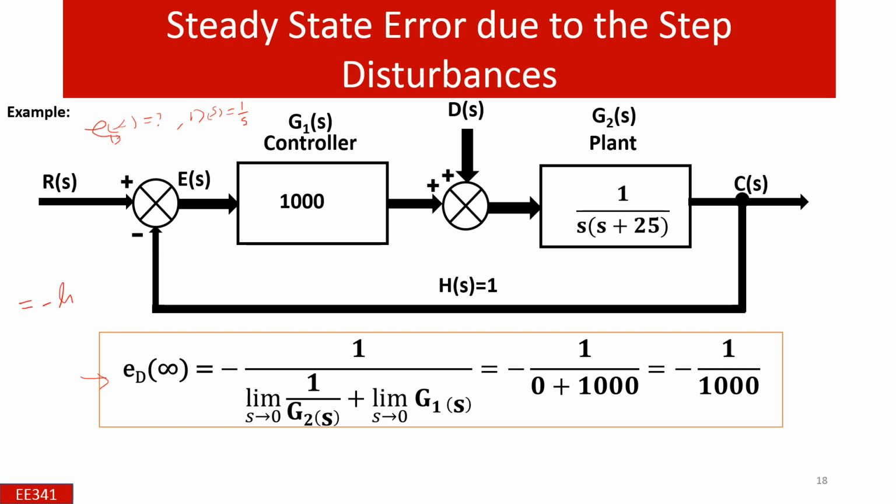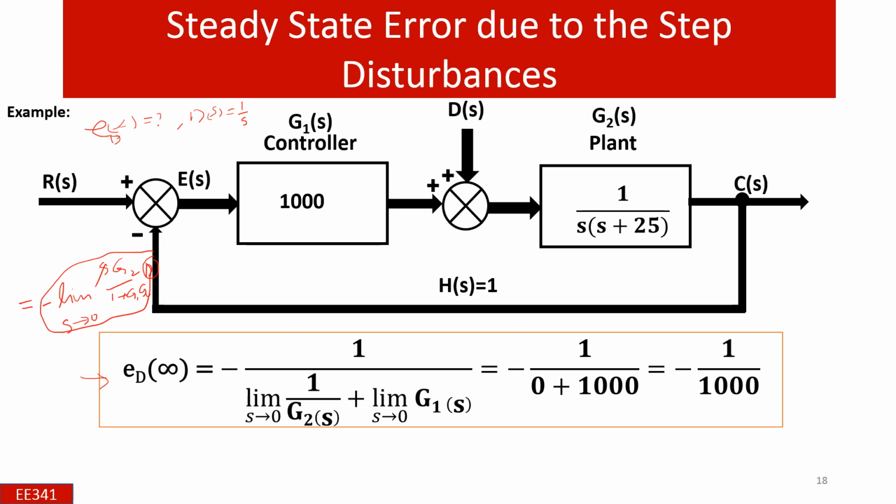steady state value, limit s approaches 0 of s G2 over 1 plus G1 G2 times the disturbance. So this is the relation, and if the disturbance is 1 over s, then it cancels out with this one. This format is also derived by just dividing by G2, and we find the value of G2(s), which is the DC value of the plant, and also G1(s) is the DC value of the controller.